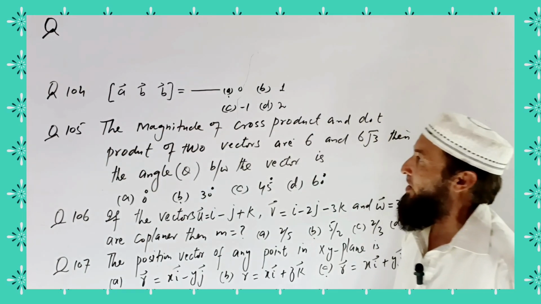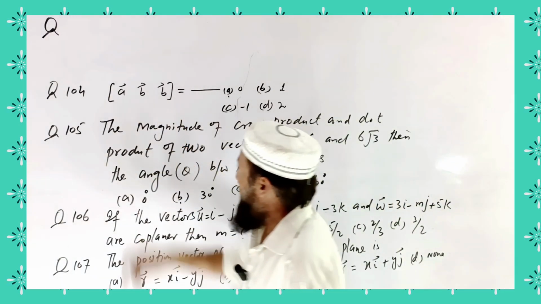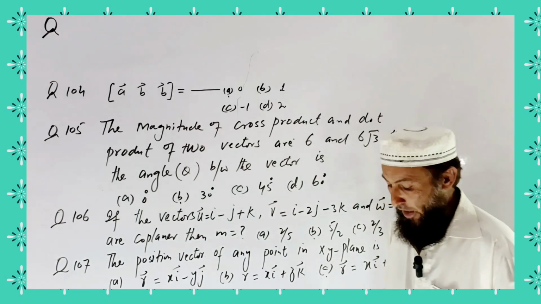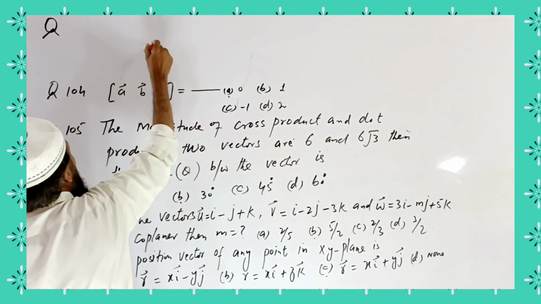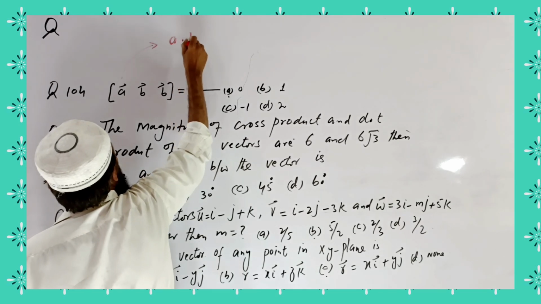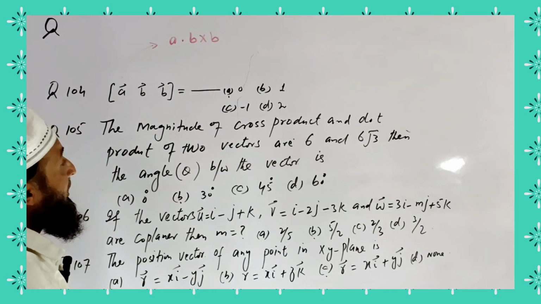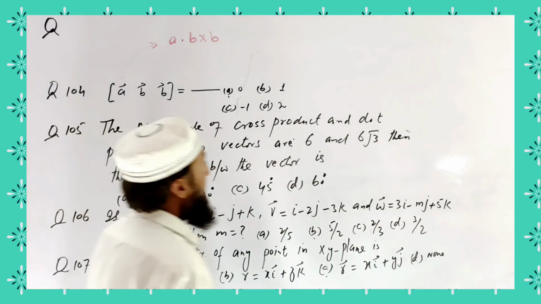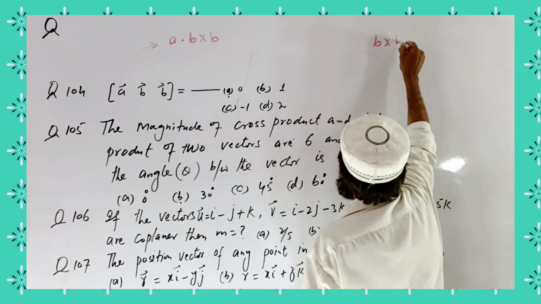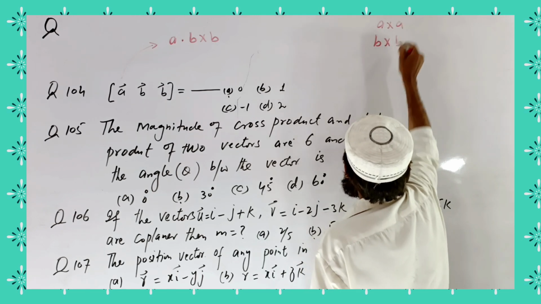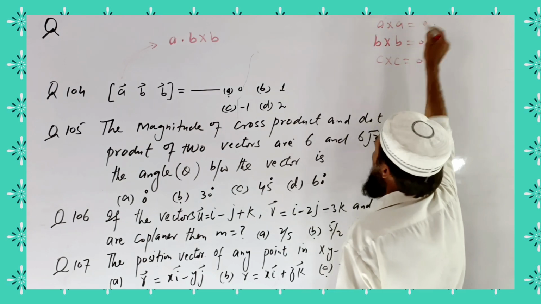We proceed to question number 104. A, B, and C: the scalar triple product is given here. If we expand this, we can write A dot B cross B. We know that B cross B is 0, because both vectors are equal.